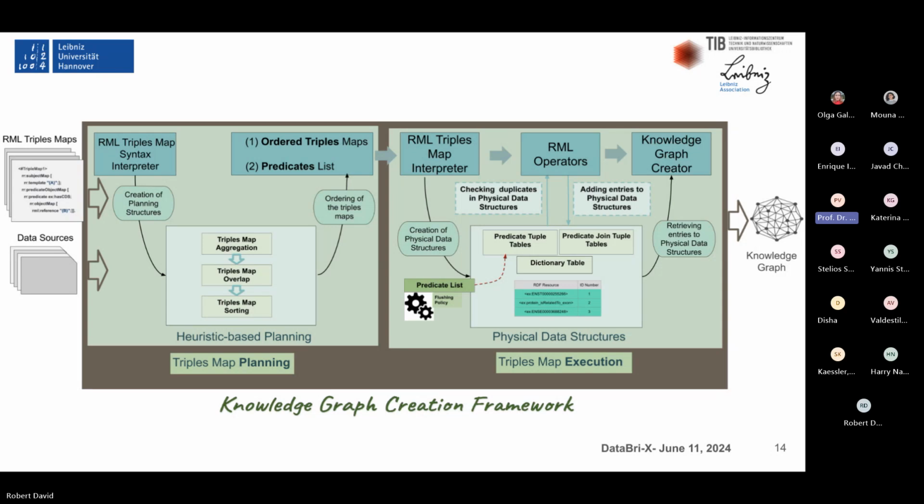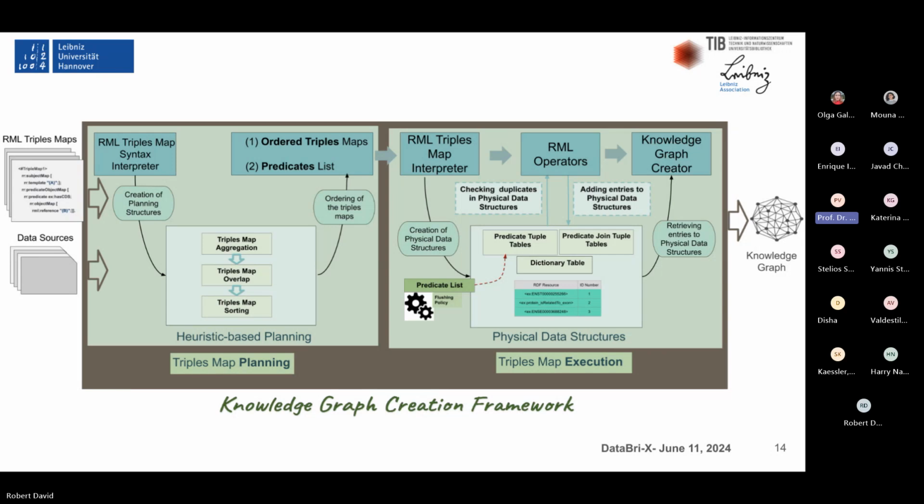And on the other hand, we have physical operators and physical structures that are the ones that enable the execution of the plans selected in the first step in an efficient way. So this architecture that I'm presenting here is an abstract representation of what the SDM artificer does.